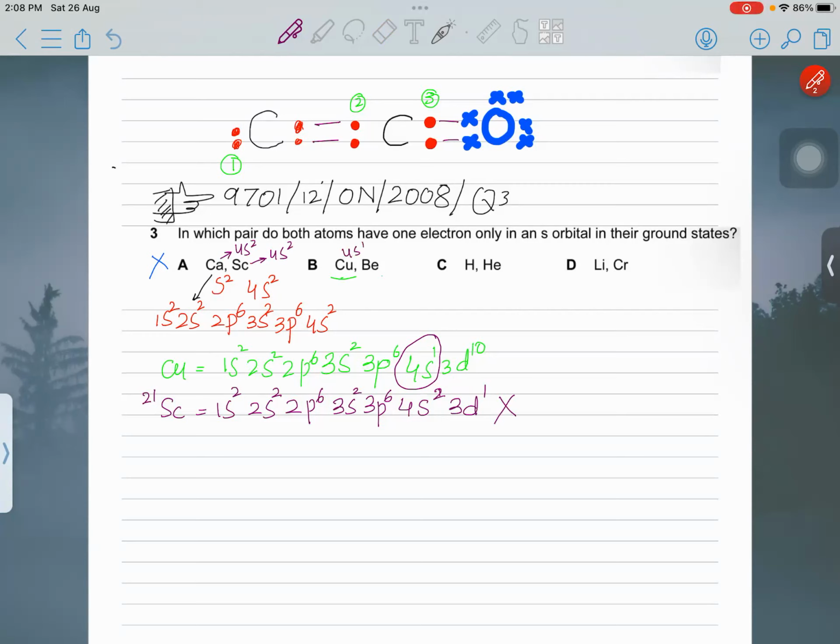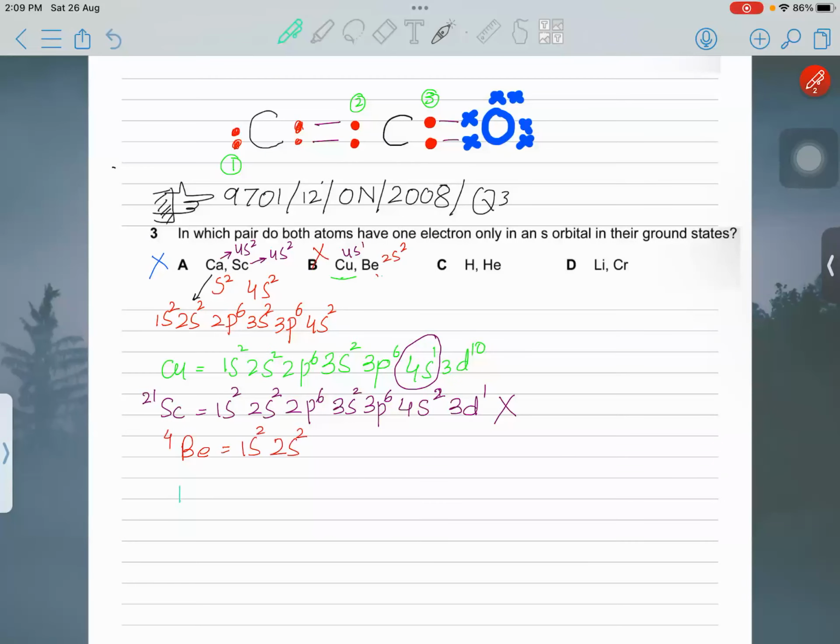Now beryllium is 4. 1s2, 2s2. So this is 2s2, so this is also wrong. We need one electron in both cases.